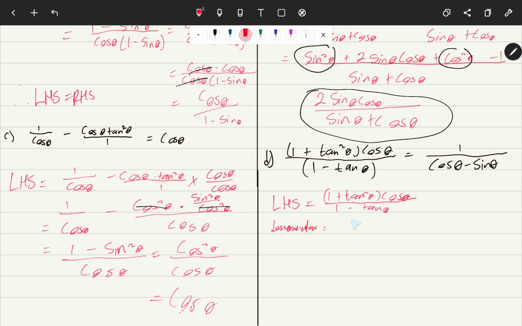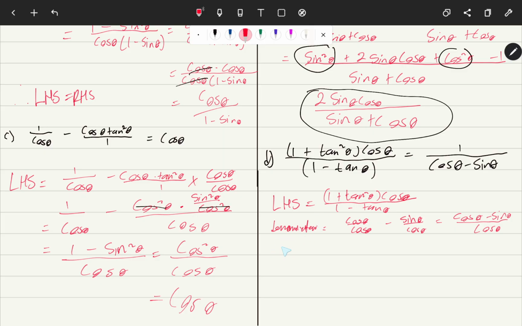So I have cos² divided by cos², which is 1, minus sin² over cos², which is cos² minus sin² divided by cos². Okay, cool. So this is my denominators. So now I'm going to write the left hand side like this.